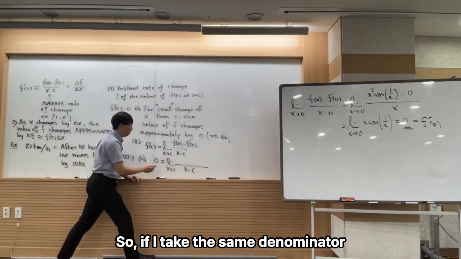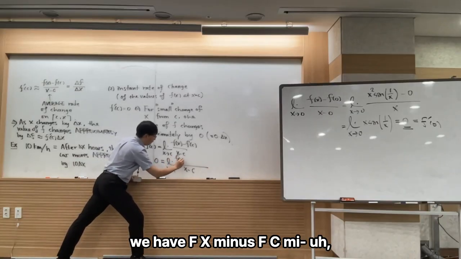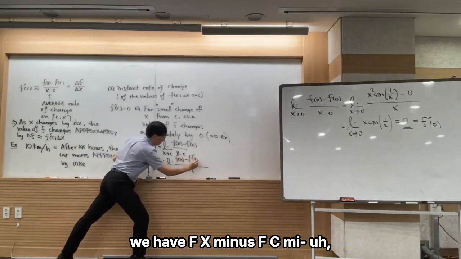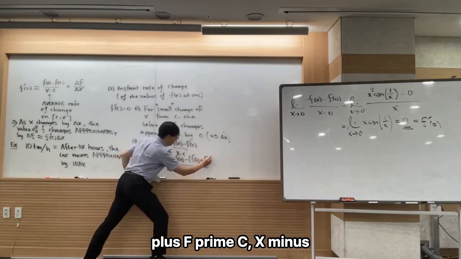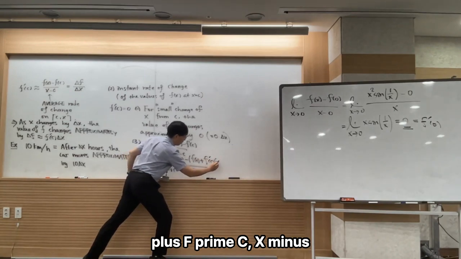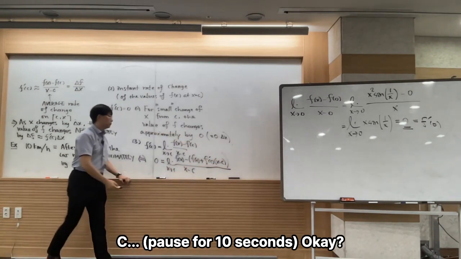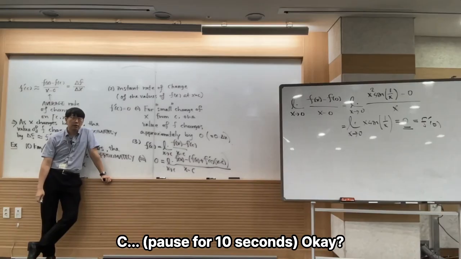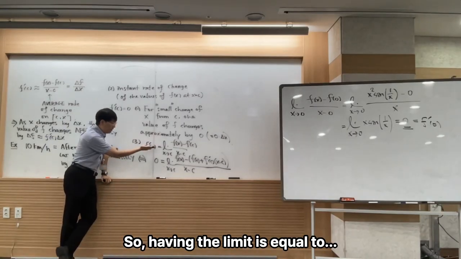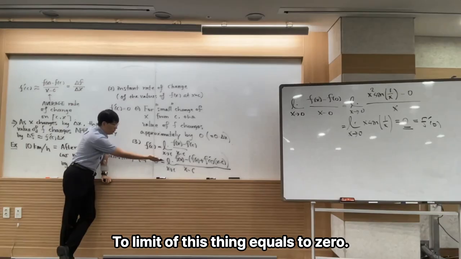If I take the same denominator, we have f of x minus f of c plus f prime c times x minus c. So the limit of this thing equals 0.